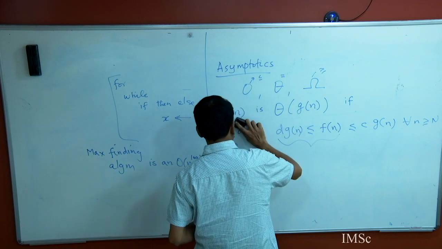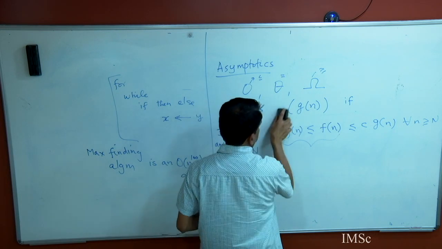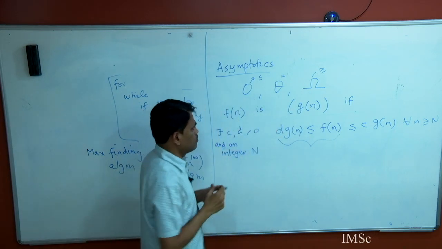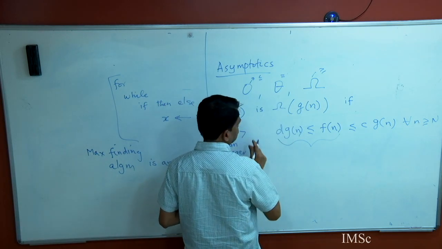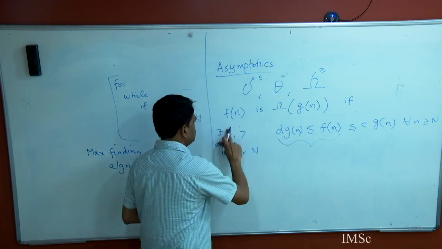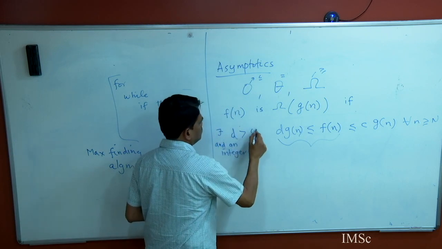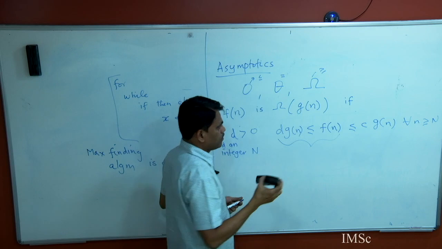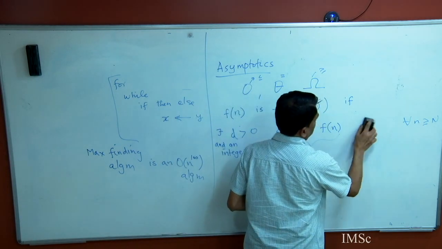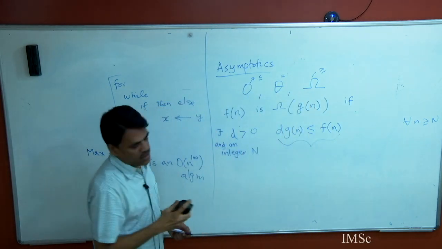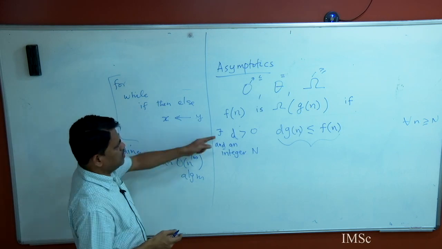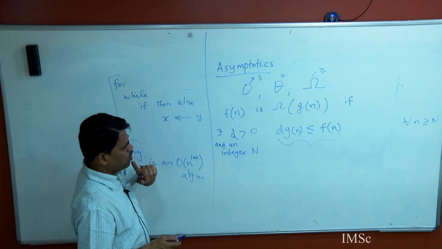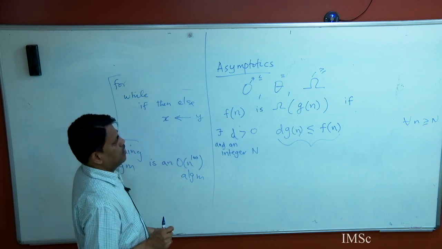So if there exists, so if f(n) is greater than or equal to d times g(n) for all n greater than or equal to capital N, then we say that f(n) is omega of g(n).